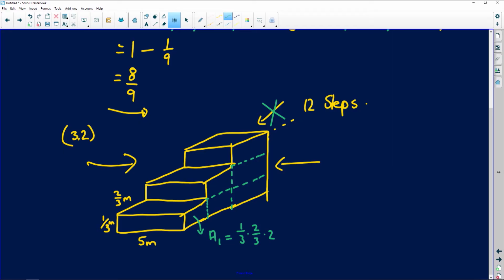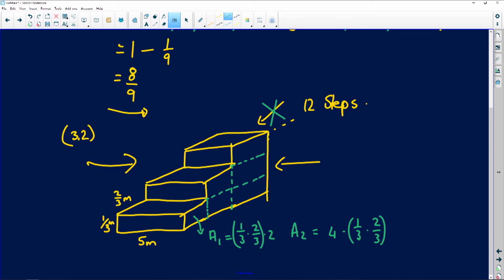Okay? The next one, it's got 2 blocks stacked and 2 blocks on the other side. So the next area here, area 2, is going to be 4 of those thirds times 2/3. So this is the initial value, and I need 2 of them.